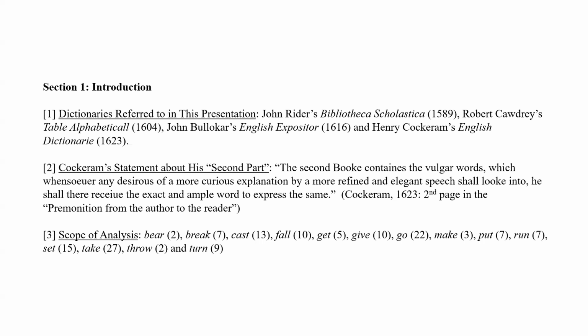The first part is the English dictionary for interpreting hard words, and the second part is the English translator, providing the readers with information on how vulgar words and phrases can be replaced by refined terms.